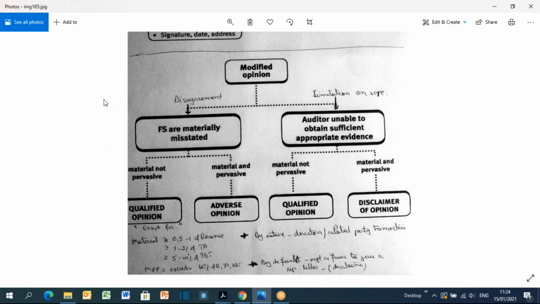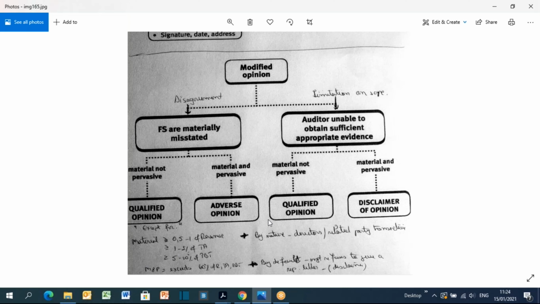It could be misstated by 1 or 2, and when we say material misstatement, it is because when we calculate materiality, the thresholds are these. If it's 0.5 up to 1 of revenue, 1 up to 2 of total assets, and 5 or 10 of profit before tax, then we consider it material.